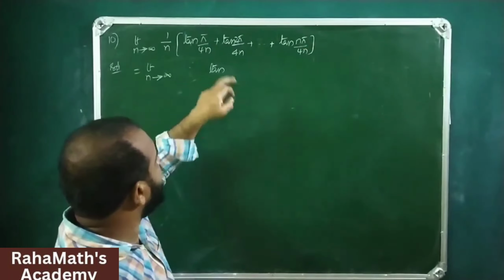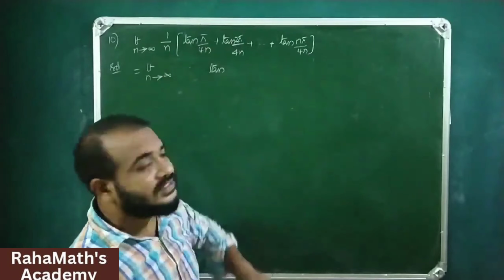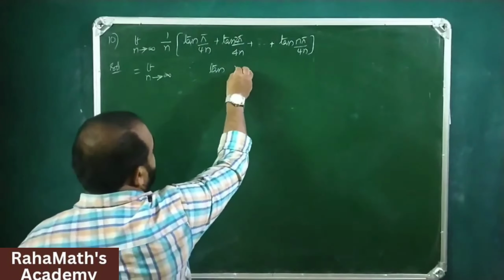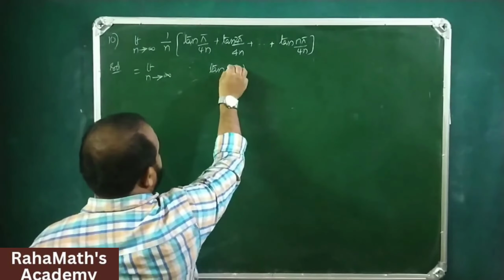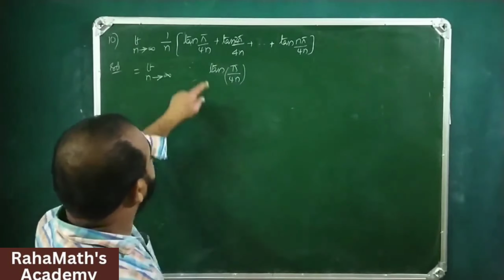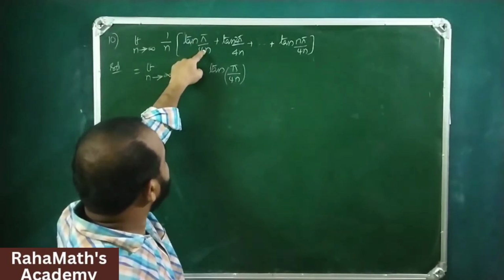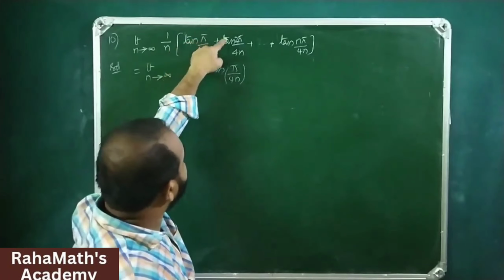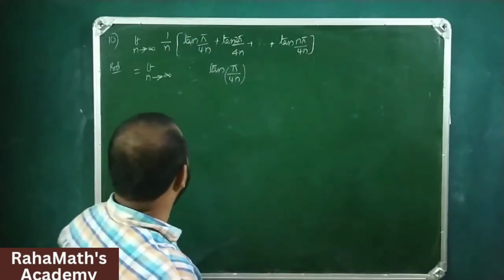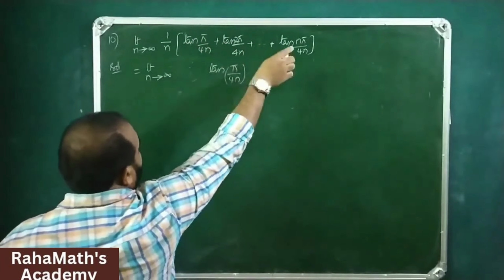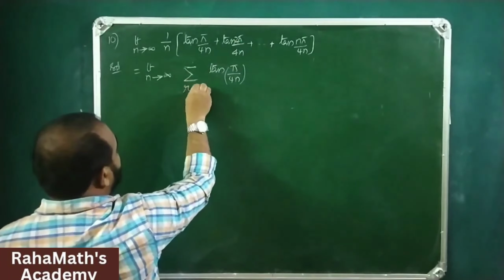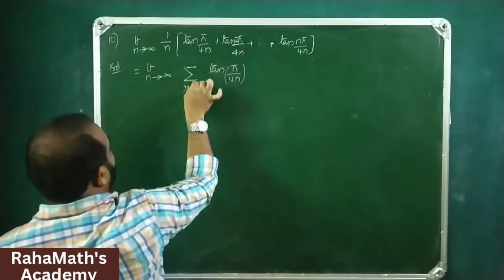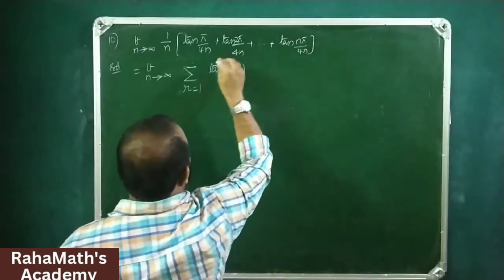For everything, pi by 4n is the same. That means tan pi by 4n is the same. So here this is 1 pi, this is 2 pi, etc., n pi. Since this is a plus, we can write it as sigma r runs from 1 to n.